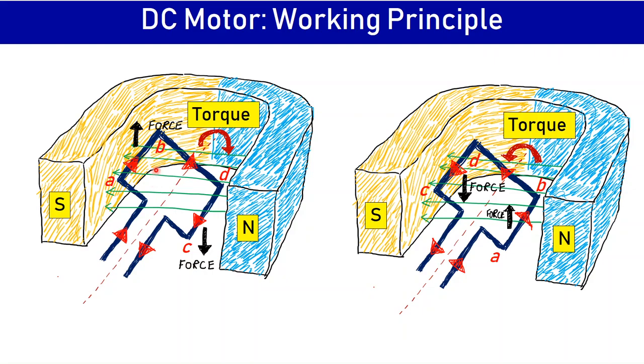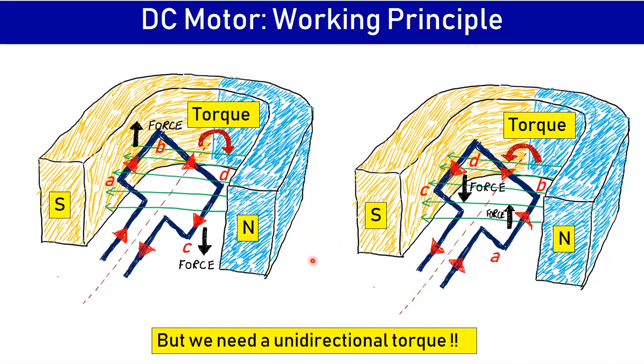So the direction of current, of course, remains the same, that is from A to B and D to C. Here also it is from A to B and D to C. But we see that in one case the torque is clockwise, whereas in the other case the torque is anti-clockwise. So the torque here is changing its direction, which is not what we want. We want a unidirectional torque so that the rotation of this coil is unidirectional.